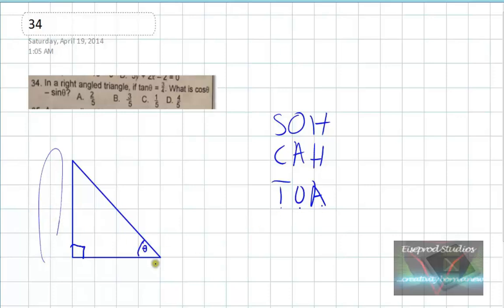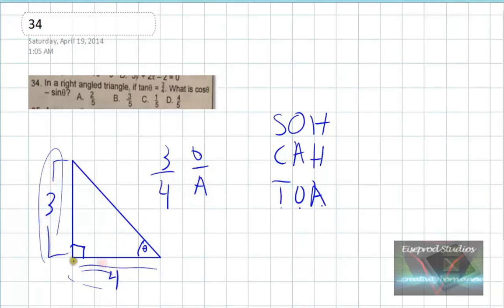And the adjacent is going to be right here, because it's right next to the angle of interest. They tell us that tangent is 3/4. So if we have 3/4 and it's opposite over adjacent, that means that 3 is the length of this side, and 4 is the length of the adjacent side.